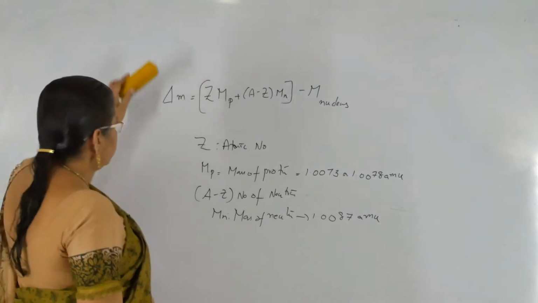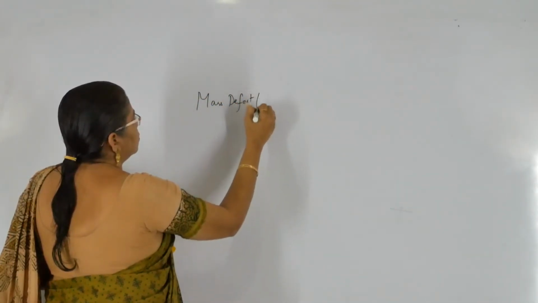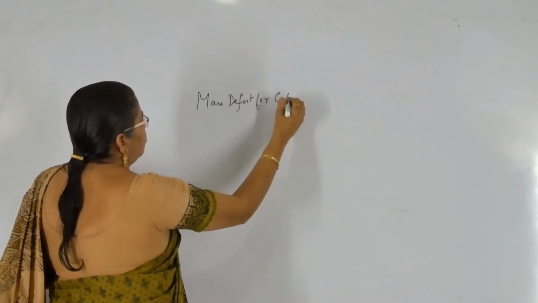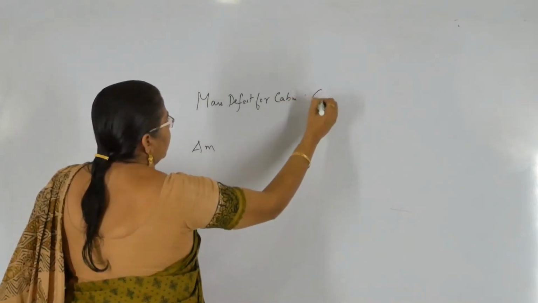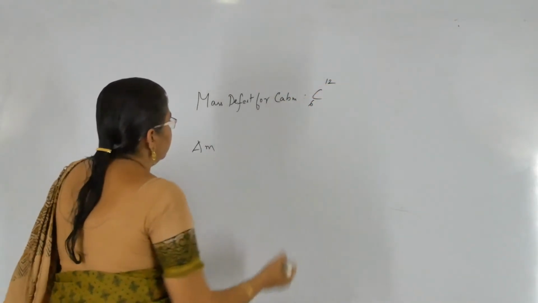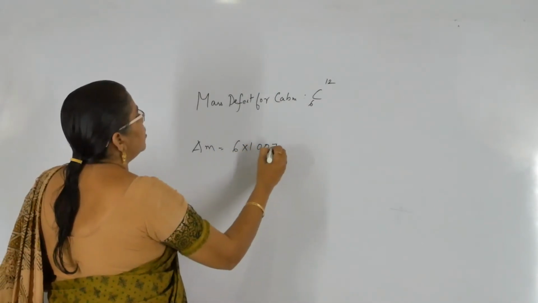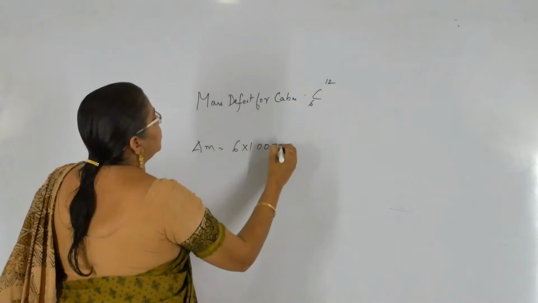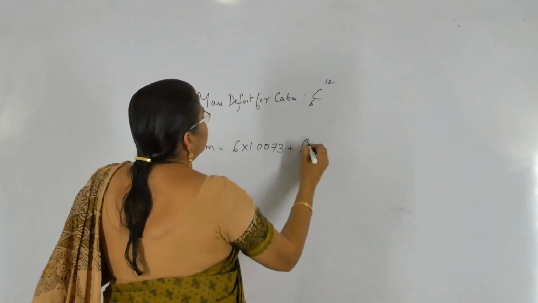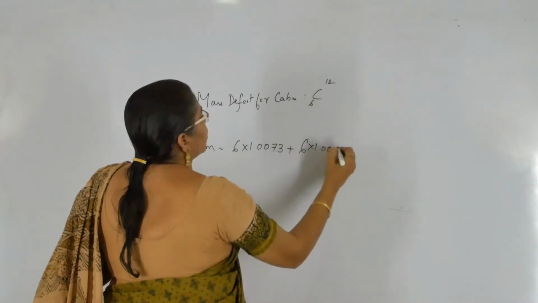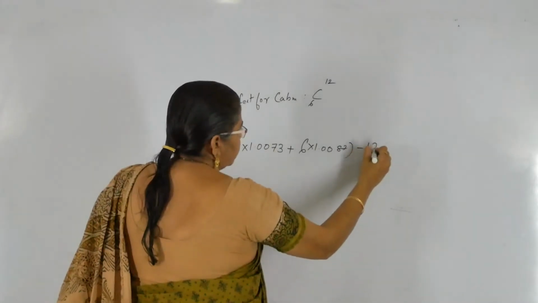Now, for the carbon atom, carbon 12 upon 6, delta M is equal to 6 into 1.0078 plus A minus Z, that is 6, into 1.0087 minus the actual mass, which is 12.